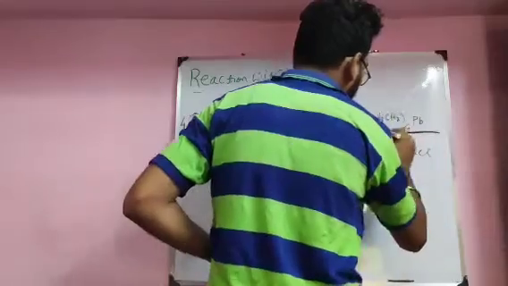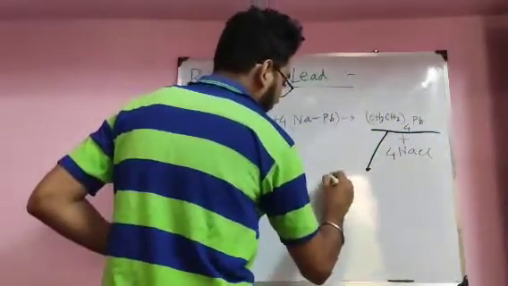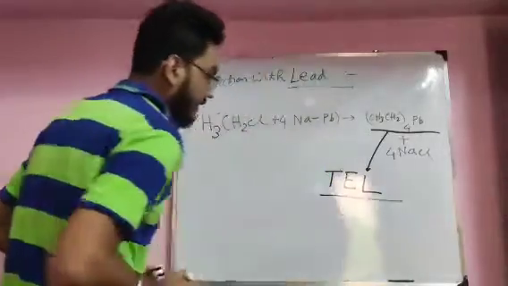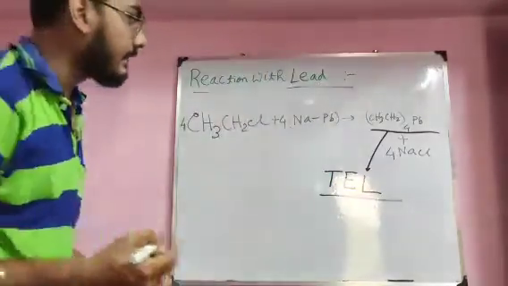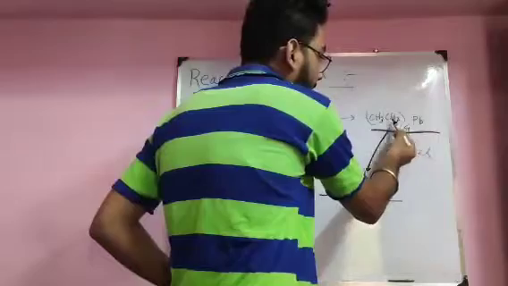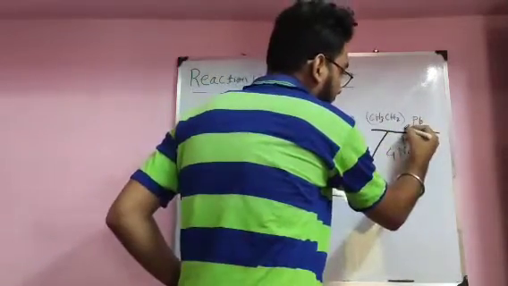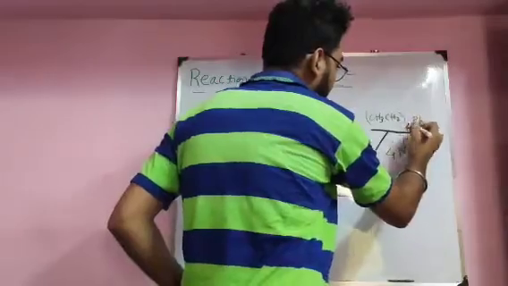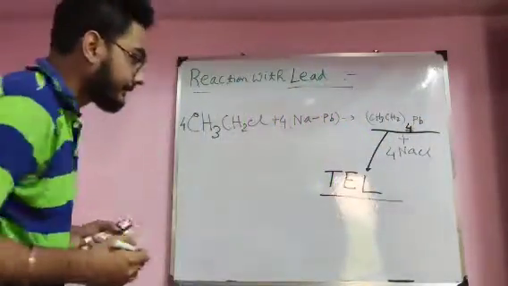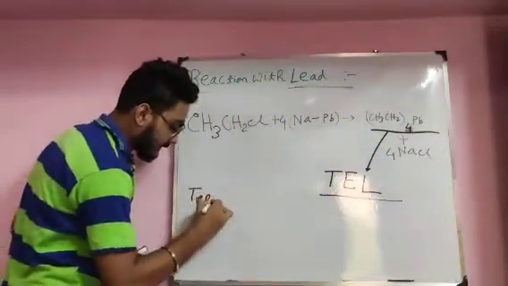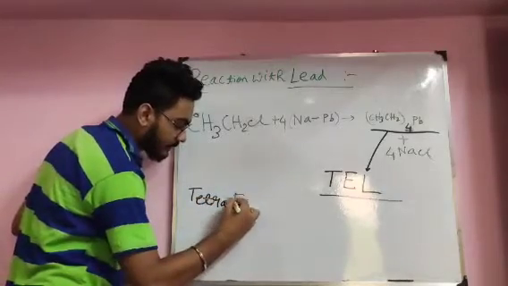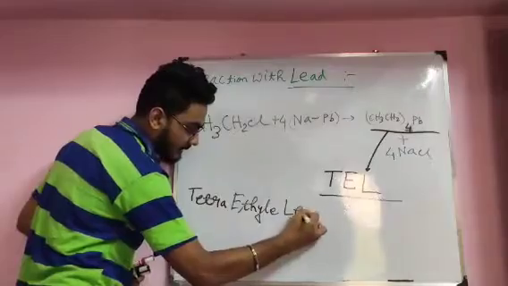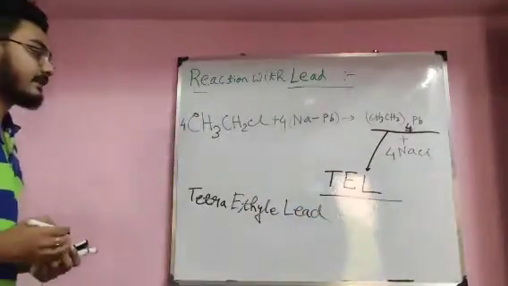This reagent is termed as TEL, T-E-L. This is tetraethyl lead. C2H5 is ethyl, so 4 of them, tetraethyl lead.